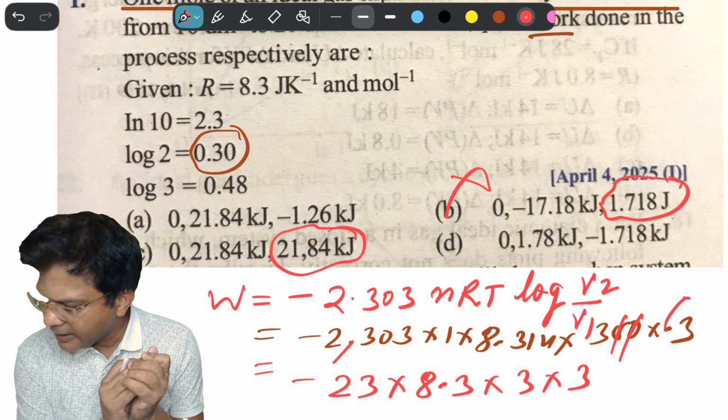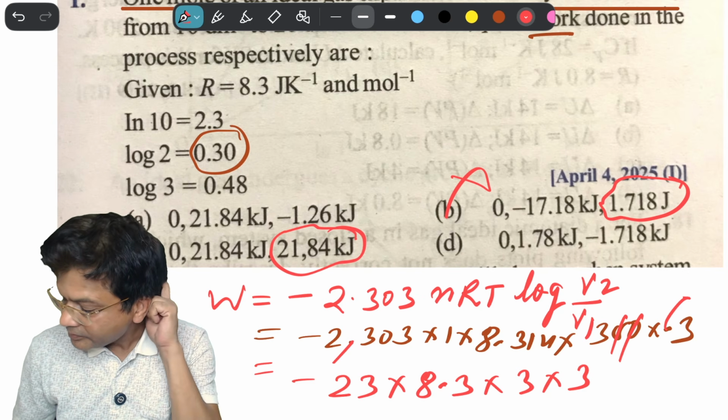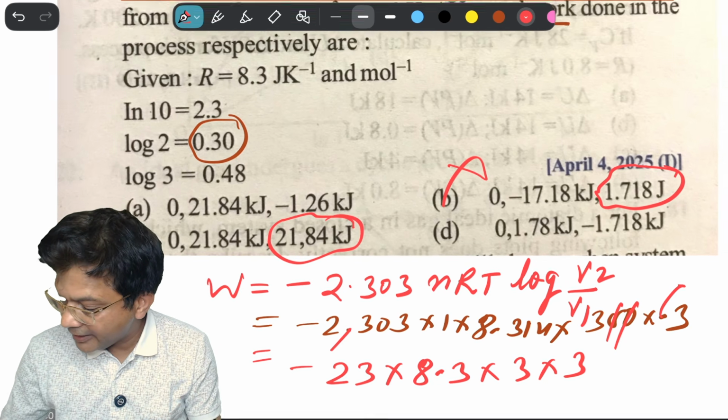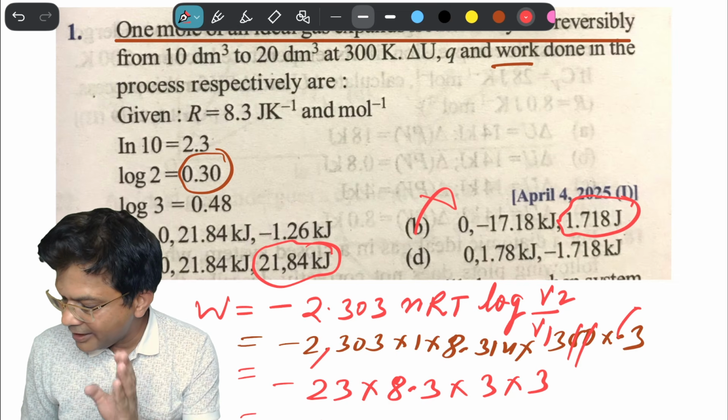Now I can get a little idea that 3 3s are 9. Let me take 9, and 23, 8.3.